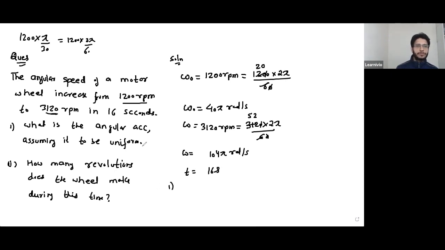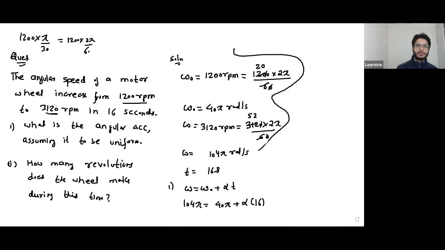So in the first part, you're supposed to calculate alpha. So you can use this equation: omega is omega naught plus alpha t. So your omega is 104 pi, your omega naught is 40 pi, your alpha is unknown, your time is 16 seconds. So you can write this as 104 pi minus 40 pi is 16 alpha.